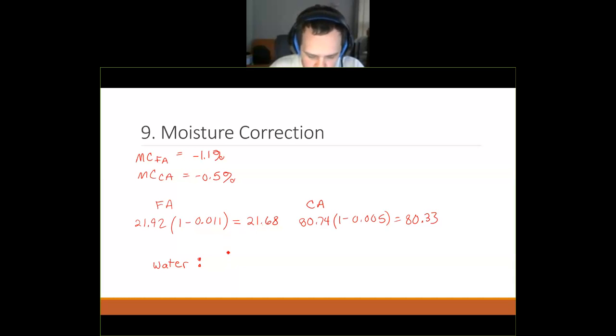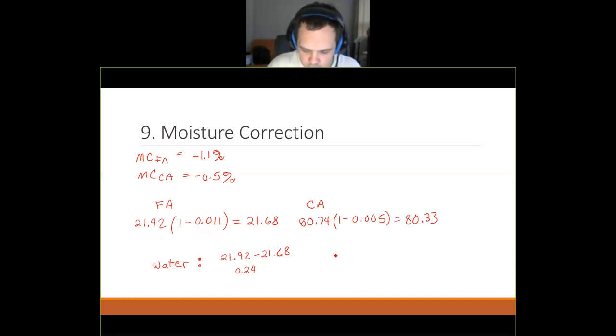And so I'm going to do 21.92 minus 21.68, and that's going to give me 0.24 pounds.